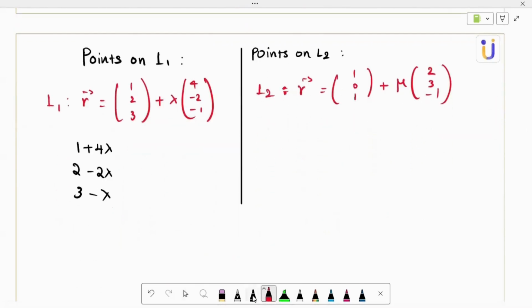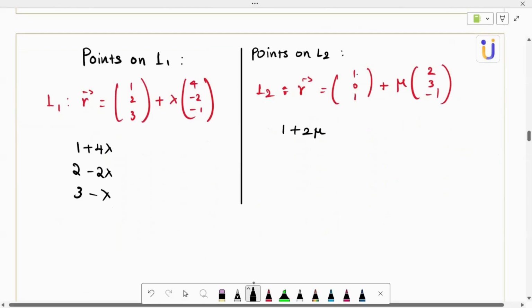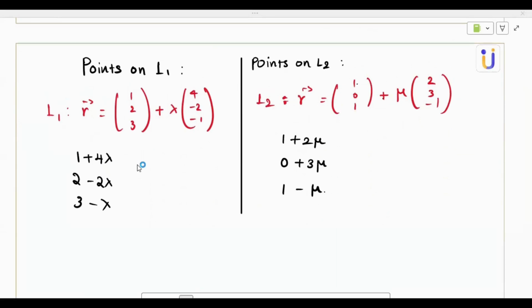And let's make the points: 1 plus 2 mu, 0 plus 3 mu, which is just 3 mu, and 1 minus mu.